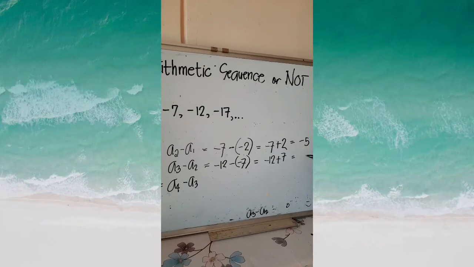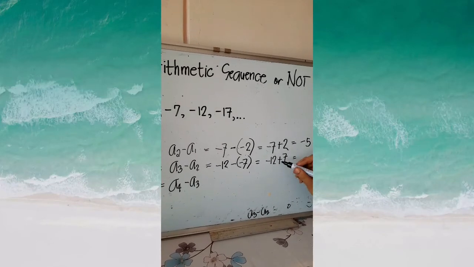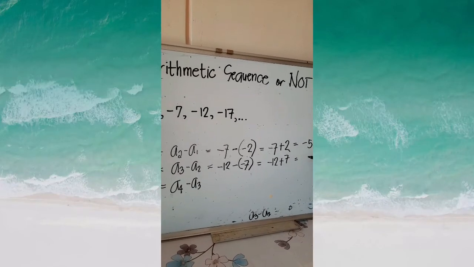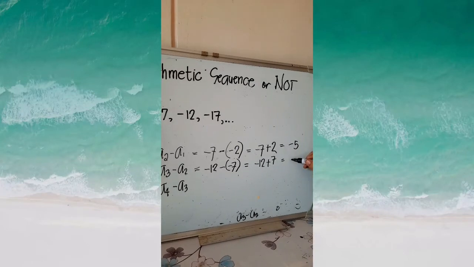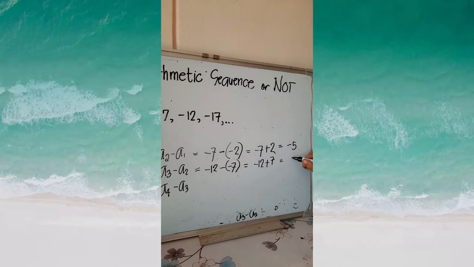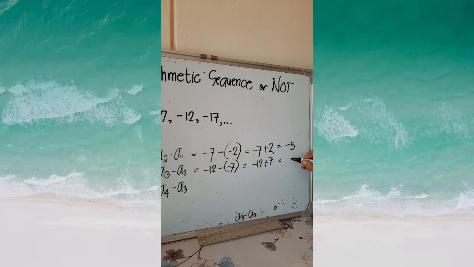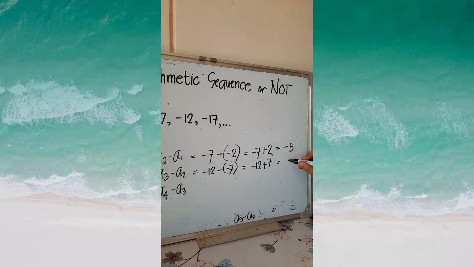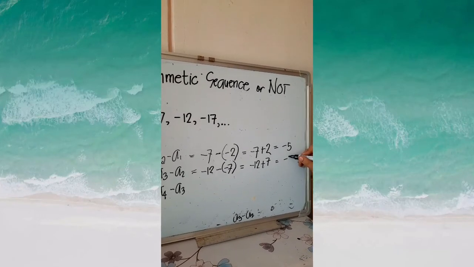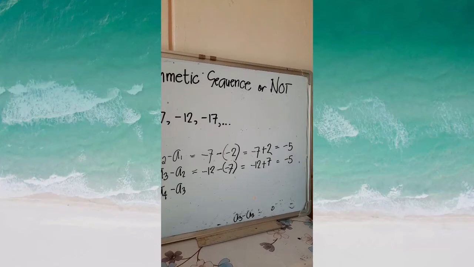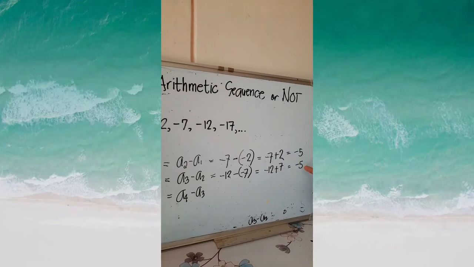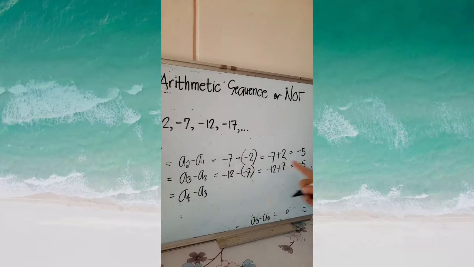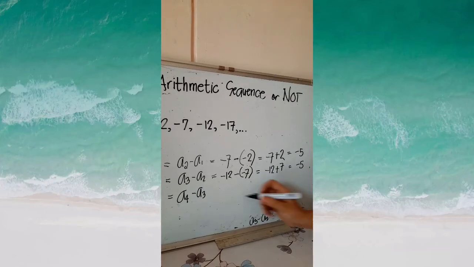For the rule for addition, they have different signs, so you subtract and copy the sign of the bigger number. The bigger number is negative, so we have -5. The difference for third term minus the second term is still the same, -5.